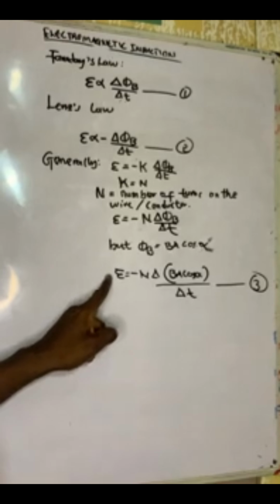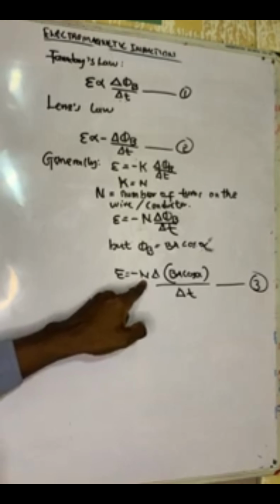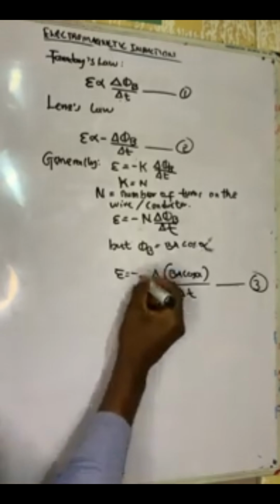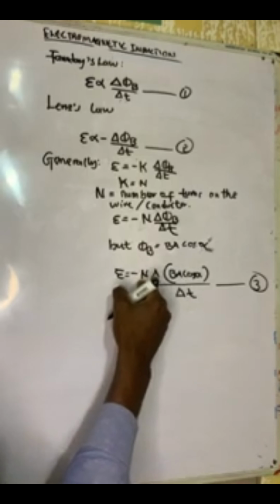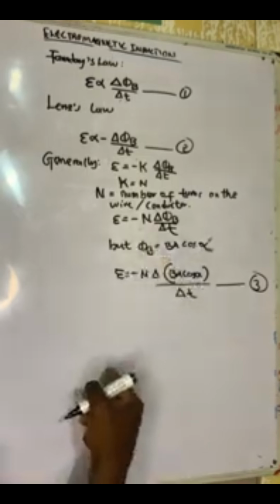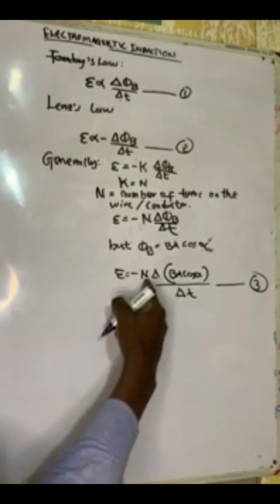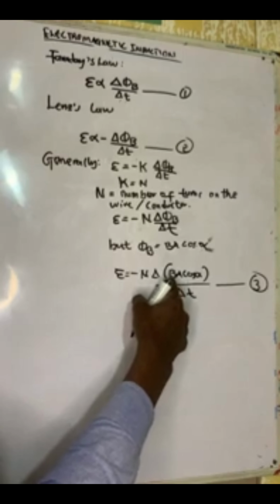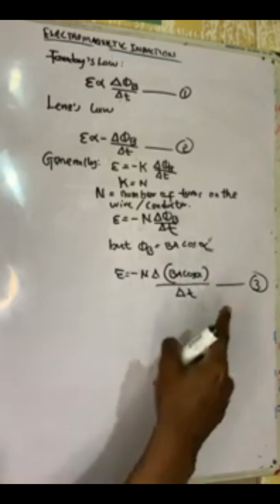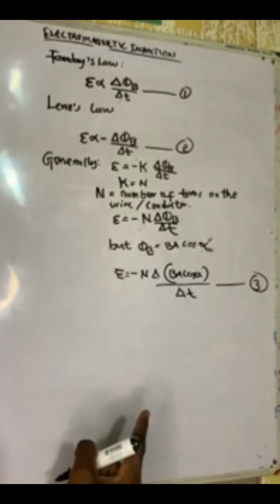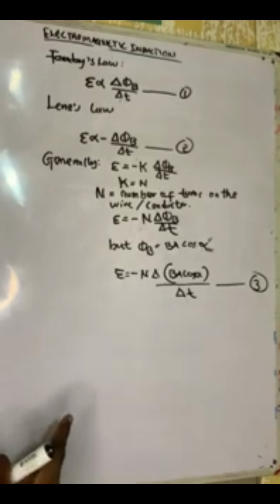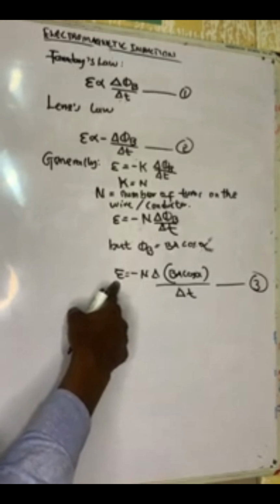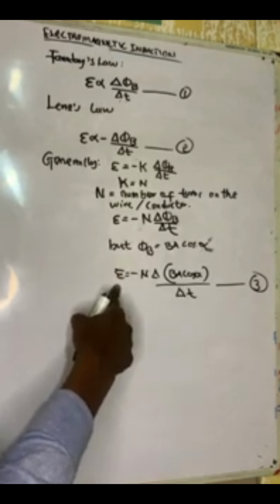So realize that the induced EMF is dependent on a number of things. The number of turns, that is the number of turns on the coil wire. Should you increase the number of turns, you would increase the induced EMF. And then B is the magnetic field. Should you increase the size of the magnet, you have increased the size of the magnetic field, you have increased the magnetic flux density, and hence you have increased the magnitude of the induced EMF.